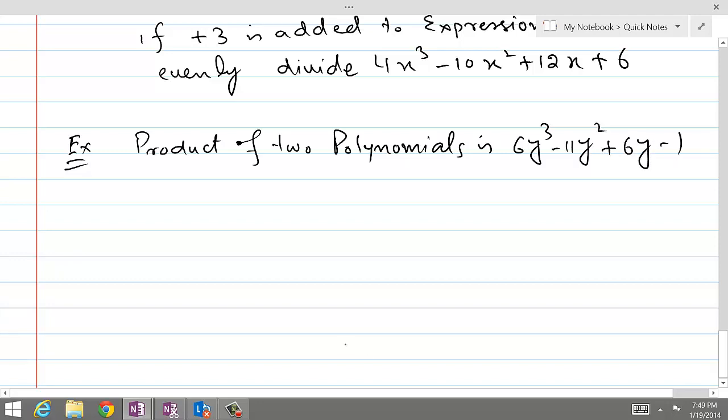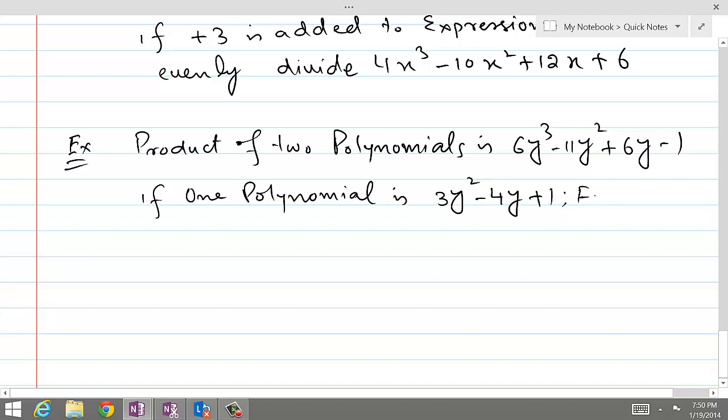If one polynomial is 3y squared minus 4y plus 1, find the other polynomial.